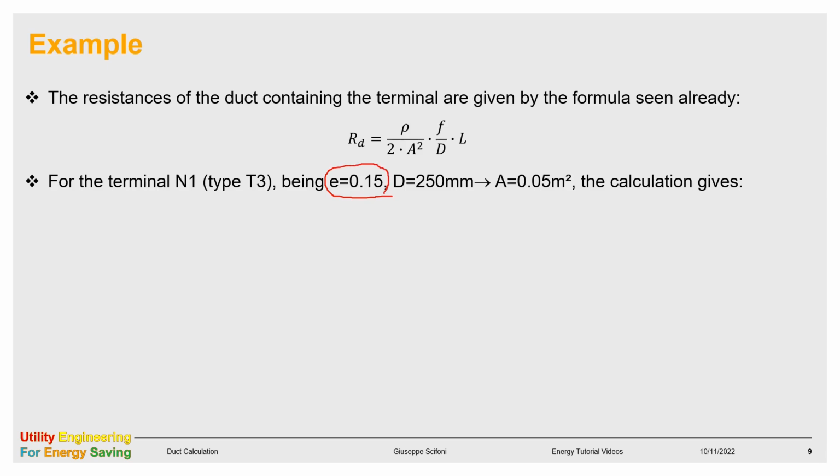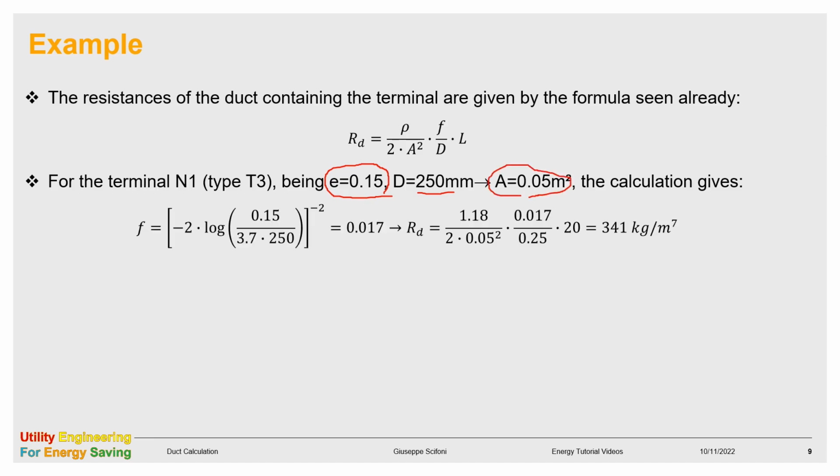The corresponding diameter of the terminal is 250 mm, and we can calculate the cross-section A. The calculation gives for the friction factor the value of 0.017 and the corresponding hydraulic resistance Rd turns into 341 kg over meter to the 7th power. This is the unit of the hydraulic resistance.